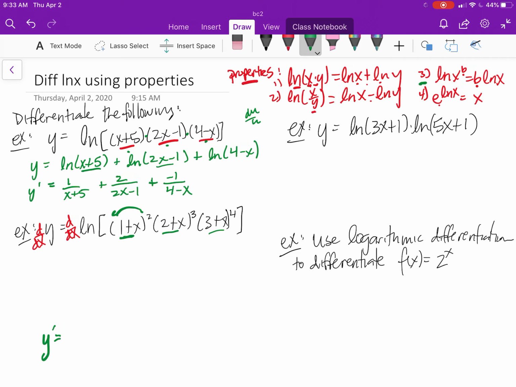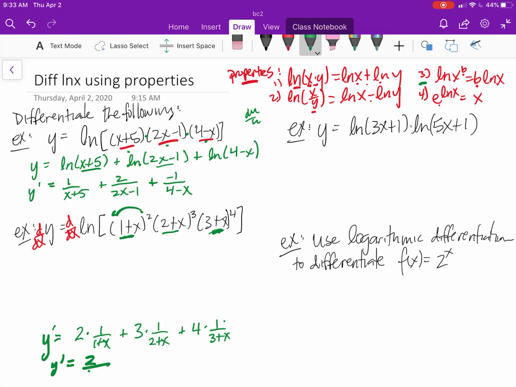So this derivative is going to be that 2 that we brought down multiplied by the derivative of the inside, which is 1 over 1 plus x, plus 3 multiplied by the derivative of the inside, which is again 1 over 2 plus x, and then plus 4 multiplied by the derivative of the inside, which is 1 over 3 plus x. Maybe I should have picked a better example where all the derivatives weren't 1, but that's okay. And really, there's nothing else to do.